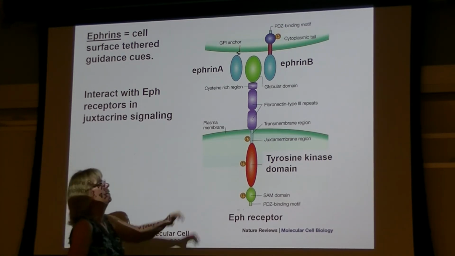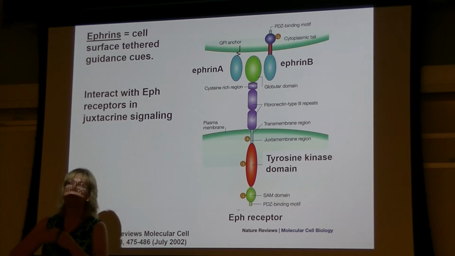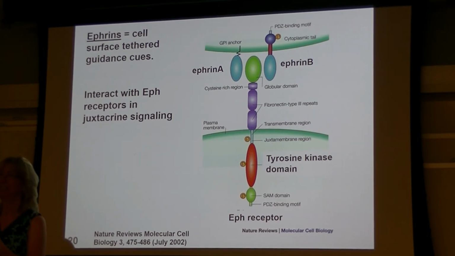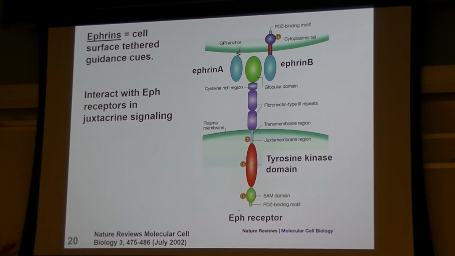But the unusual thing is that as a result of this interaction, it's actually a repulsive force. So we tend to intuitively think, oh yeah, if they're interacting, they're going to stick together and be attracted. But in this case, the signal is a negative one, and it will tell the neural crest cell to move away from the side of that interaction with this receptor.